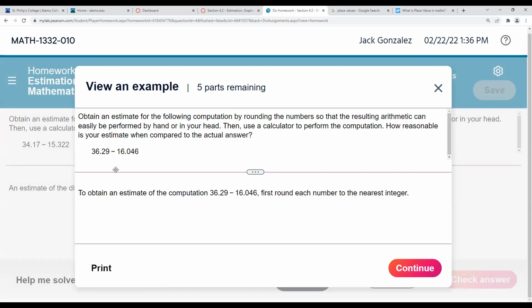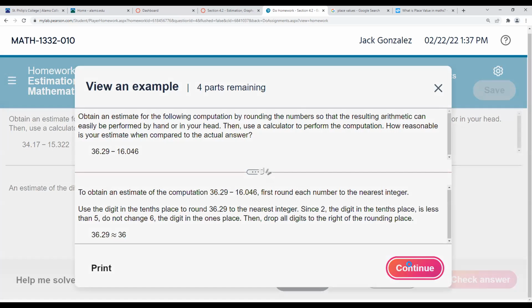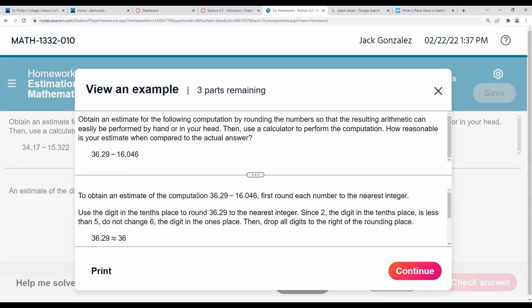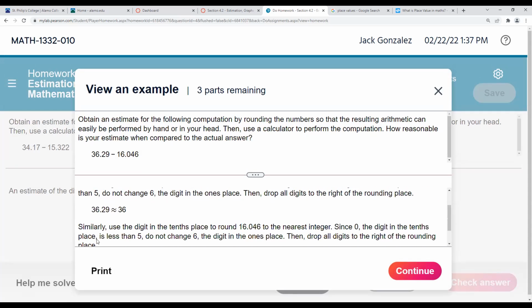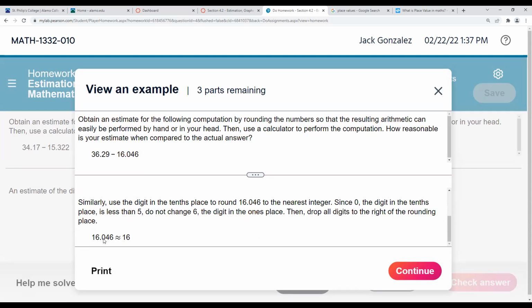Does that make sense? So instead of adding these, this is what they're going to do. 0.2 is smaller than 5, so they just leave it at 36. 0.04 is smaller than 1, so it's going to stay 16.